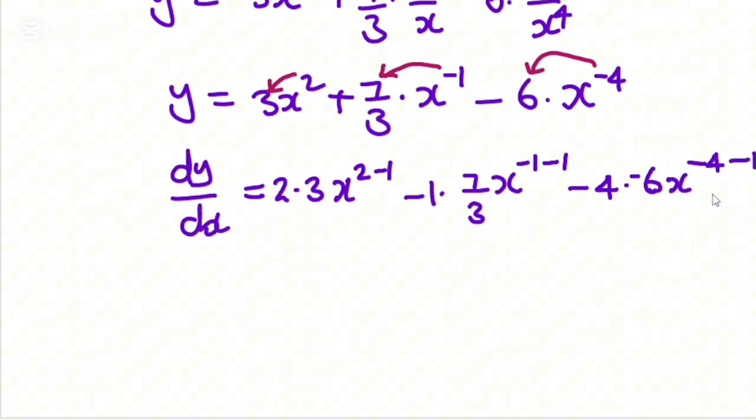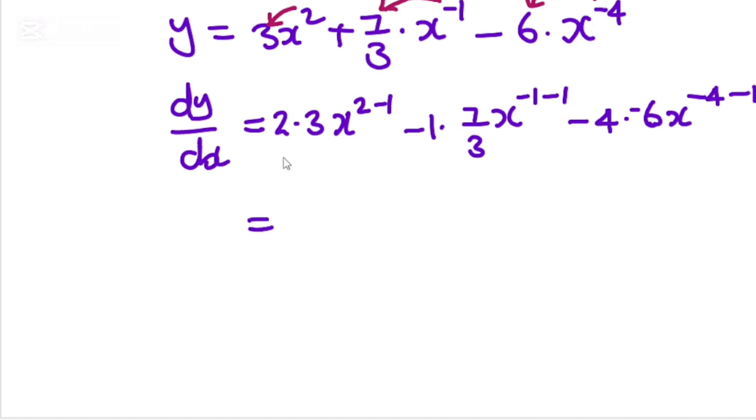So we have 2 times 3 is 6, x to the power 2 minus 1 is 1. Then negative 1 times 7 over 3 is negative 7 over 3 x. Then negative 1 minus 1 is minus 2. Then negative 4 times negative 6 is positive 24.